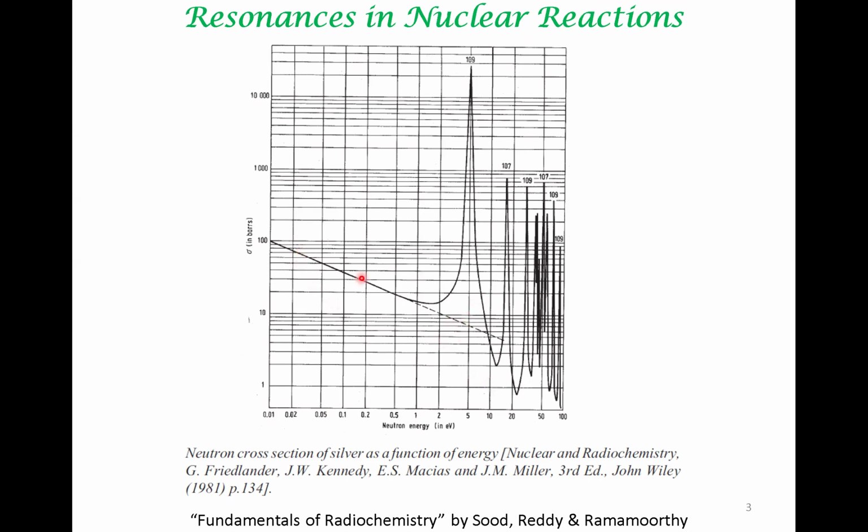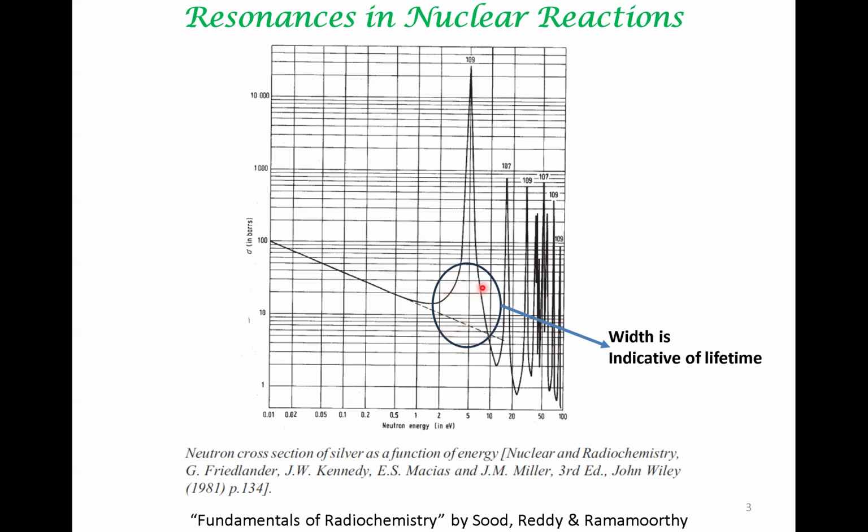Here, there is a general trend. There is a decrease in cross section with increase in neutron energy when a neutron projectile is used on silver, but at some specific energies, the cross section increases dramatically. The theory of resonances is more involved and beyond the scope of this course, but typically it has a lot of information.